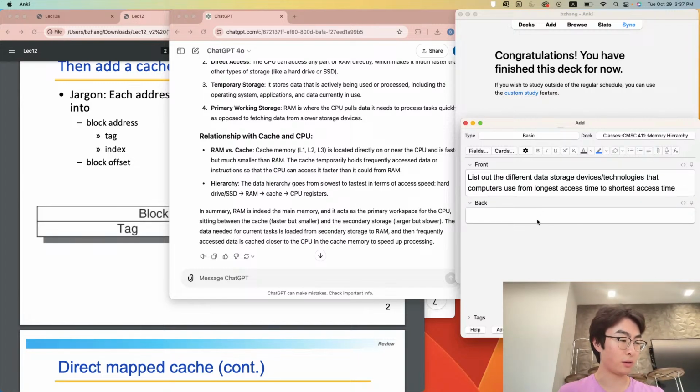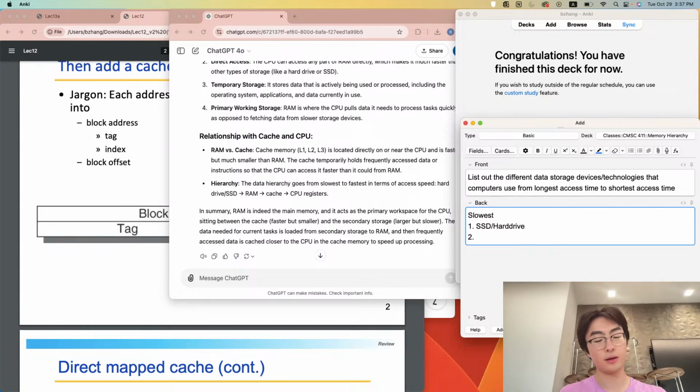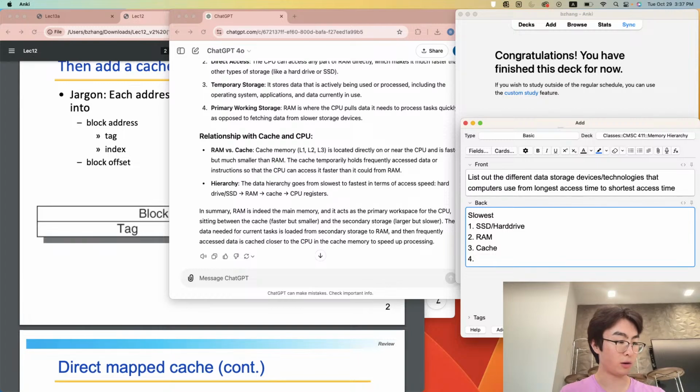Right, so the slowest, so SSD slash hard drive. So that's what we think of as storage. 2, you also have memory, so RAM. 3 is the cache and our CPU registers.